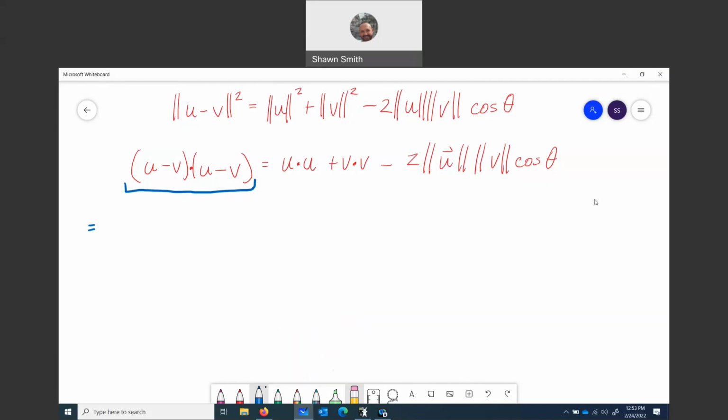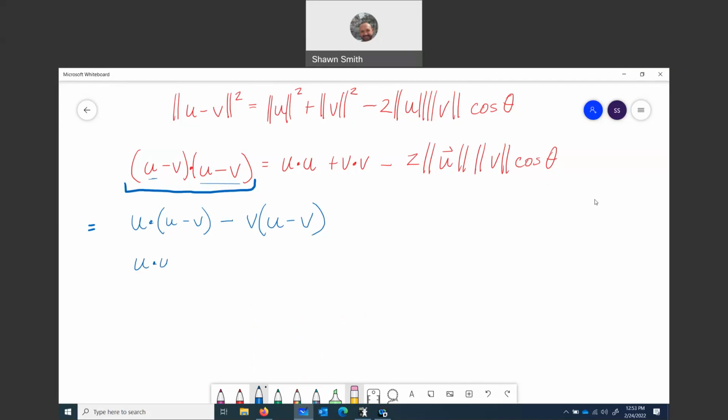This U gets multiplied by all of this, so that's U dotted with U minus V, minus V dotted with U minus V. Now you distribute across.